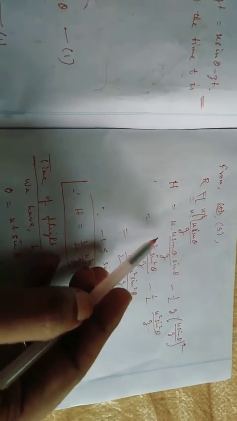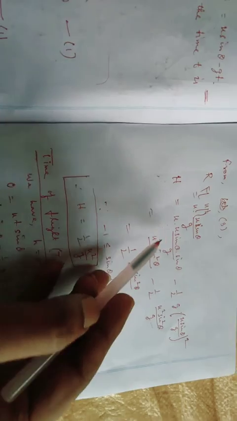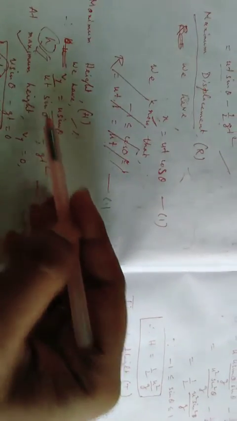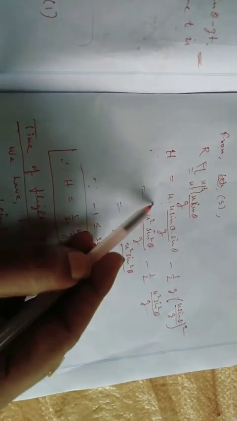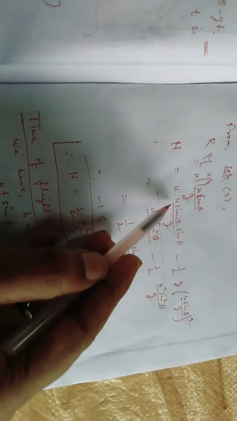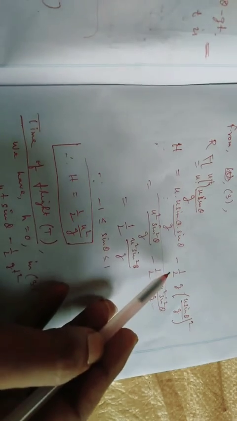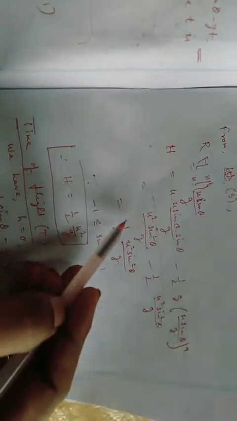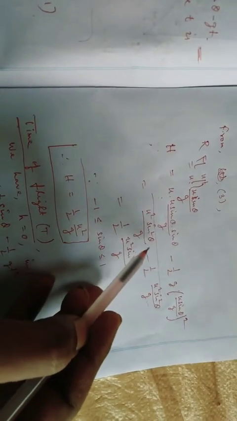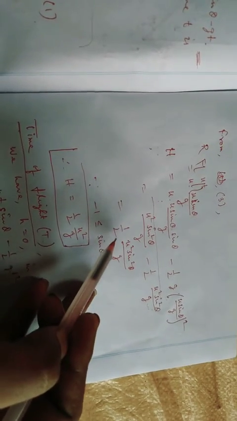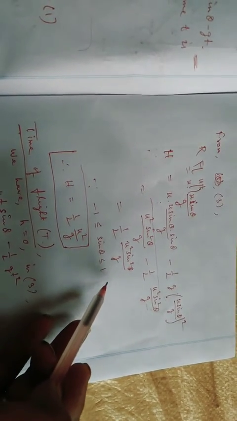So I have used equation 3, then it will be ut sin theta minus half g t square. So in this form: u sin theta by g minus half g times u sin theta by g whole square. So u square sin square theta by g minus half u square sin square theta by g is equal to half u square sin square theta by g.